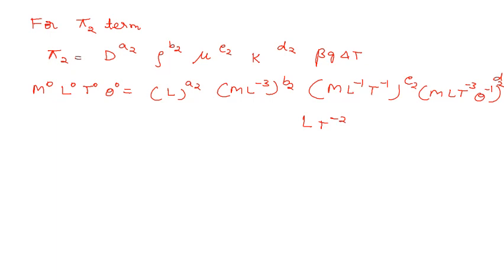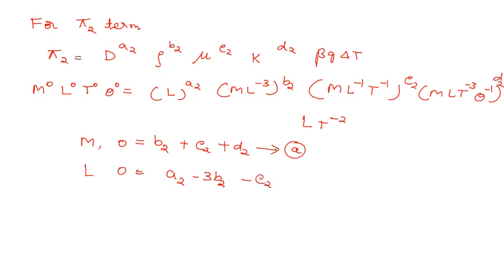Now our next job is to equate the things. Equating M on both sides, left hand side 0, on the right hand side I have b2 plus c2 plus d2, and I'll name this equation a for the pi 2 term. Similarly, for L, 0 is equal to a2 minus 3b2 minus c2 plus d2 plus 1.